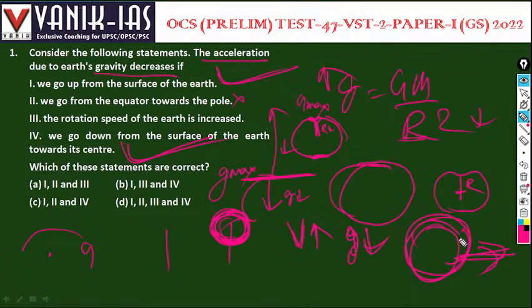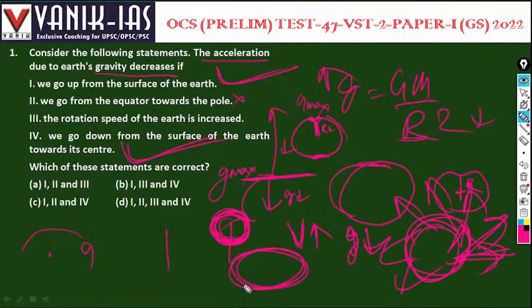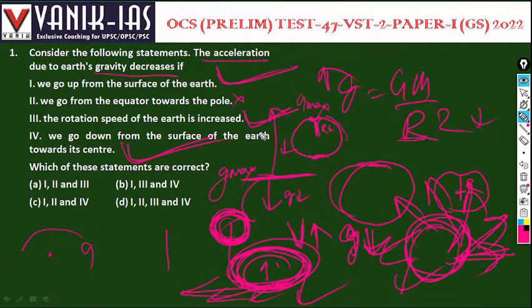When the speed increases, there is a higher tendency of a ball to move away. If you are rotating a ball like this and the thread breaks, it will move away. So when speed increases, that force moving away from the center will increase, so the attraction towards the center will decrease. So gravitational force will decrease. So the third statement is right. So statements 1, 3, 4 are right. B is the answer.